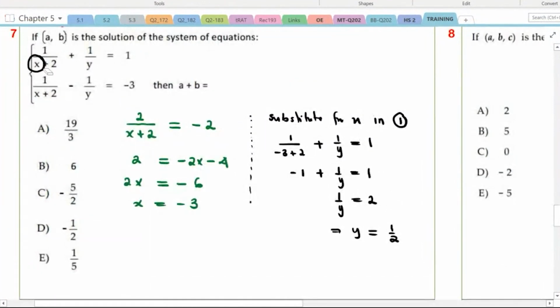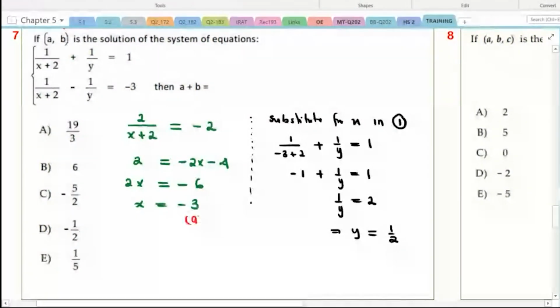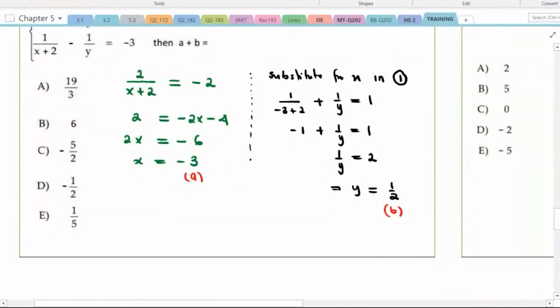Gentlemen, it says A and B is a solution, so we can call this one our A, while this one we can call B. So therefore, what is A plus B? A plus B shall be equal to -3 plus 1 over 2.